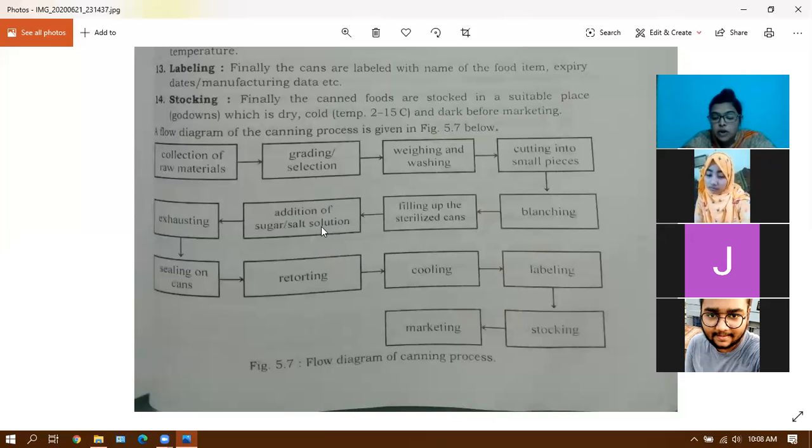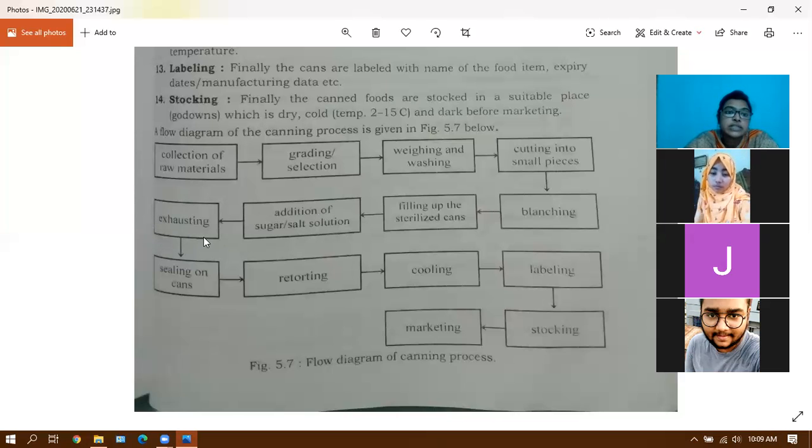Like for vegetables, meat and fish, normally 7 to 15% sodium chloride aqueous solution is needed, and for foods 30 or 40% purified sucrose solution is needed. Here the sugar, salt act as preservatives. Here we also use ethanol, sodium benzoate, sodium nitrate, sulfur dioxide, etc. We can add it in this process.